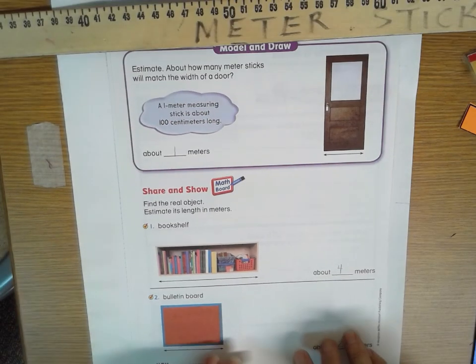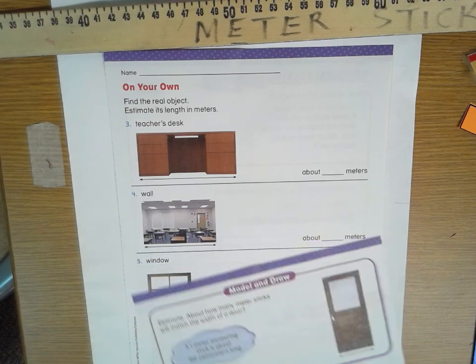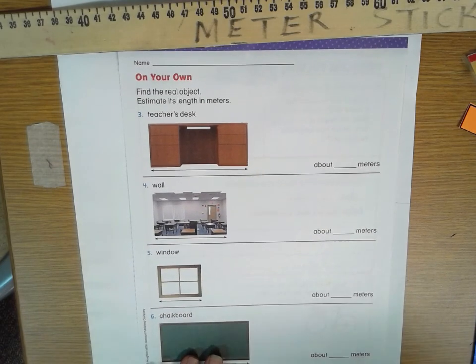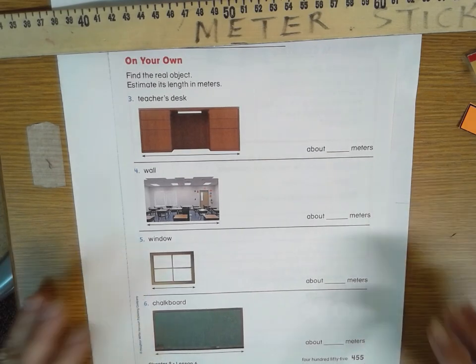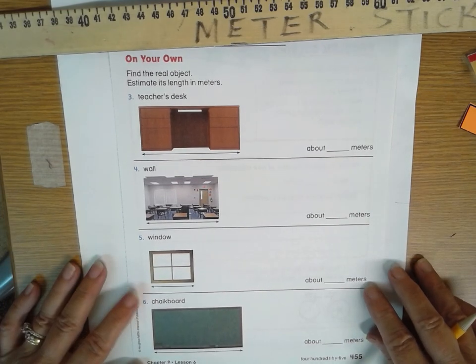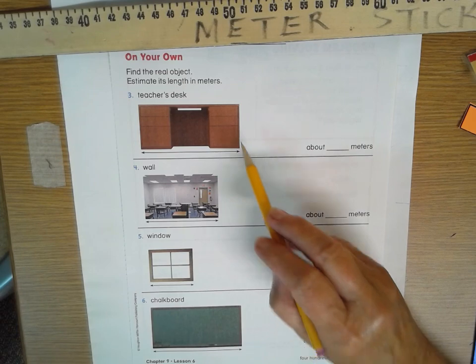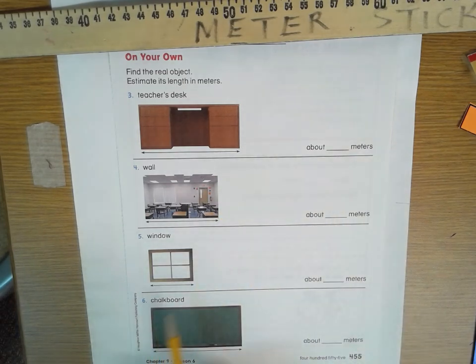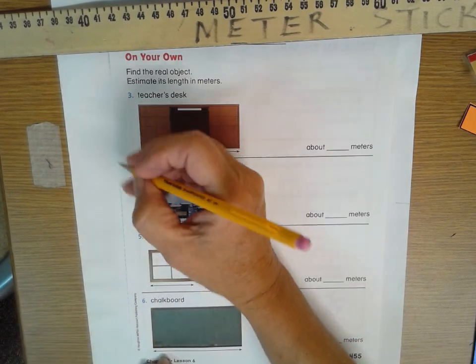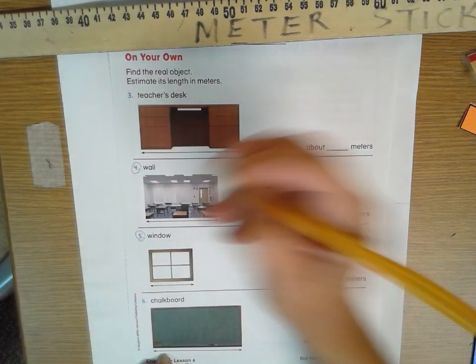Go to your next paper. And these are items that you would find here in the classroom. You may not have these at home. You will probably not have a teacher's desk, but you certainly will have a wall, and you'll have a window at your house. So I want you to do number 4 and number 5.